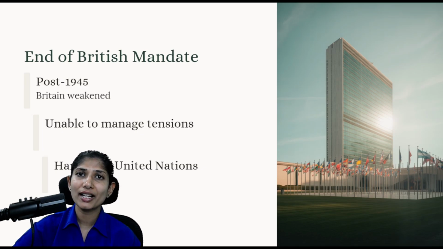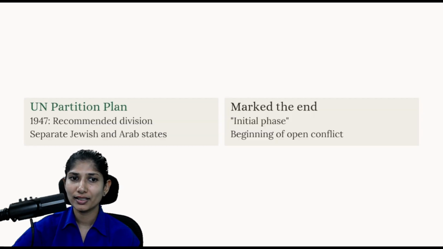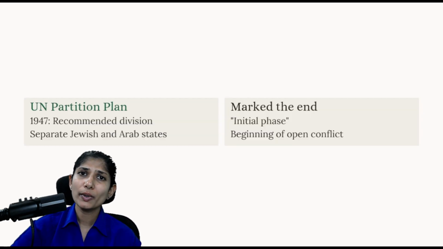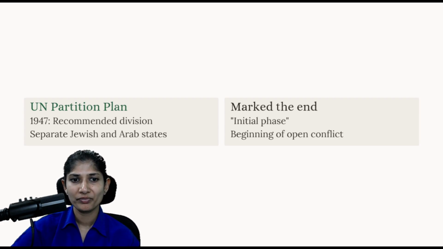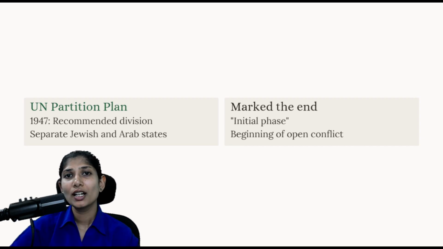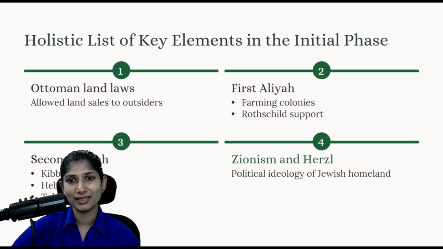So they handed the issue over to the United Nations. Understanding? When the United Nations took over, it decided on a partition plan, wherein a separate Palestine would be carved out for the Jews and Arabs. This ends the initial stage of entry of Jews into Palestine.